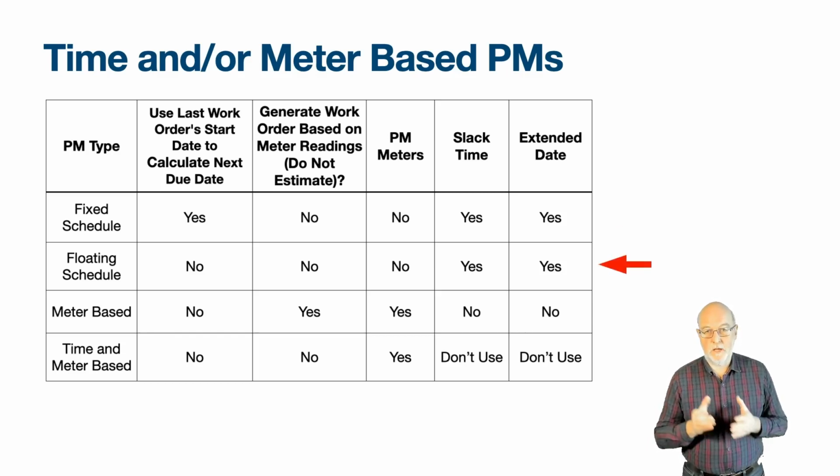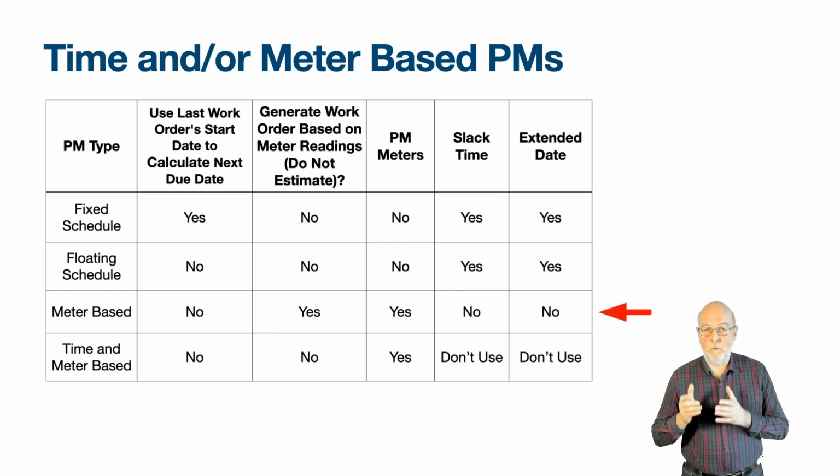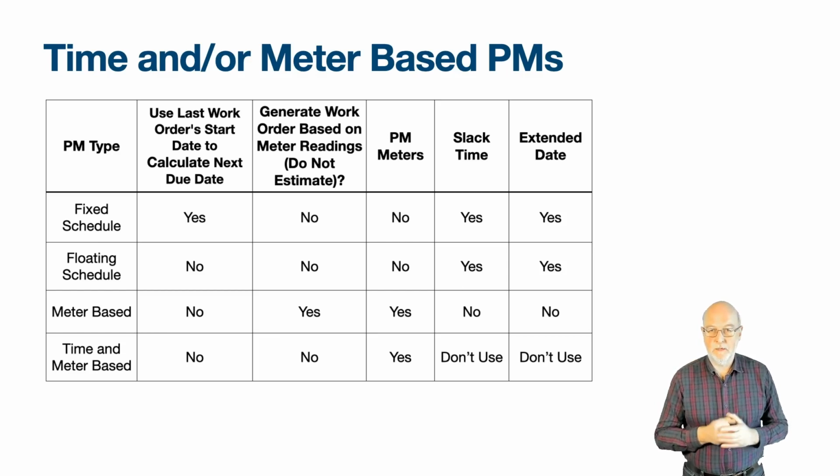Floating schedule PMs are time-based and use the last completion date field, and they also have no PM meter records. Meter-based PMs are set to be floating, where work order generation is based on actual meter readings. There is no time-based estimated next due date.